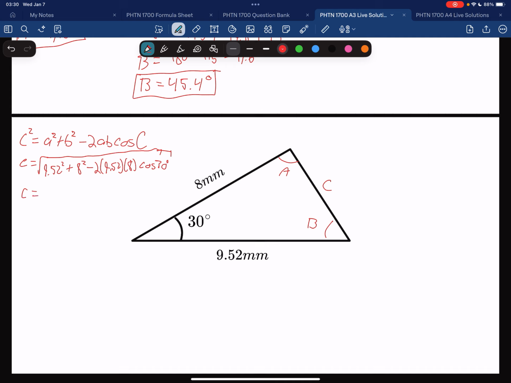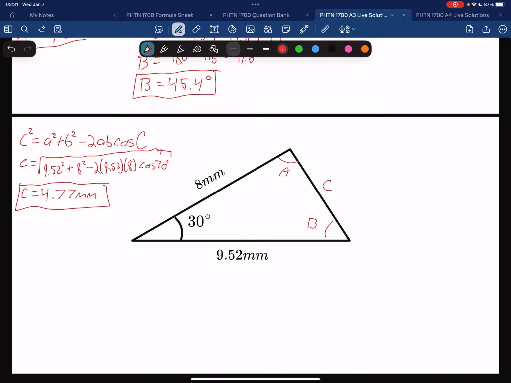Plugging all of this into my calculator, first I will hit my square root, then 9.52 squared plus 8 squared minus 2 times 9.52 times 8 times the cosine of 30 degrees equals 4.77, and we have units of millimeters.